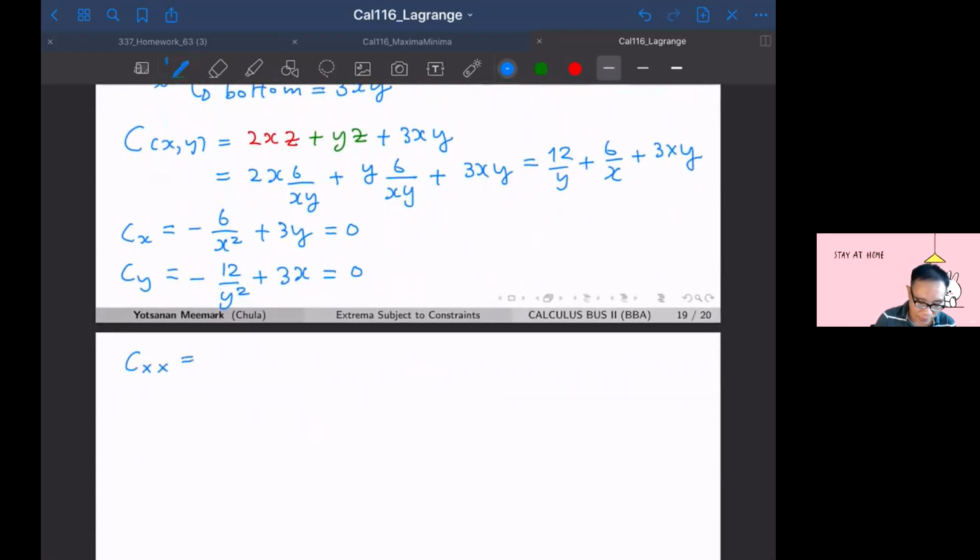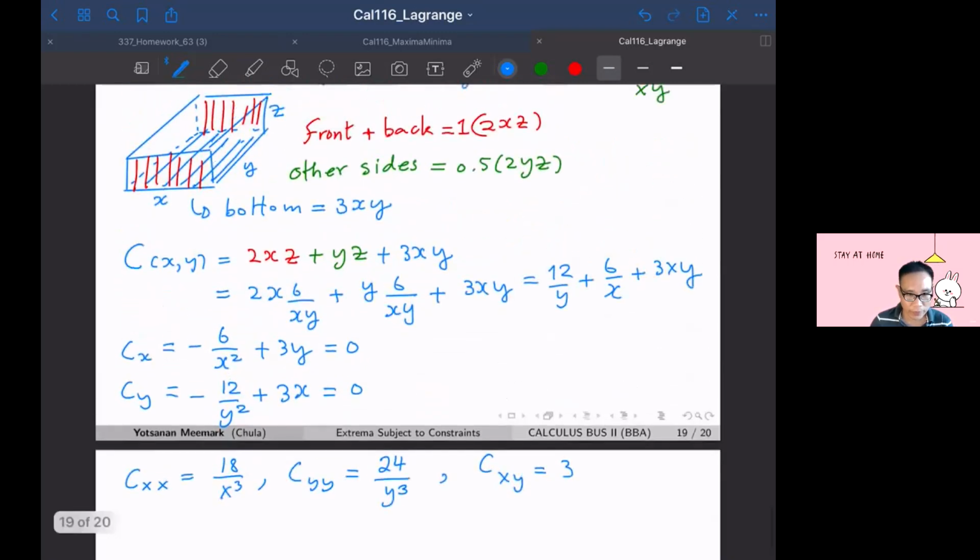Cxx is 18 over x cubed, Cyy is 24 over y cubed, and you have Cxy equal to 3. So you're going to check the second derivative.